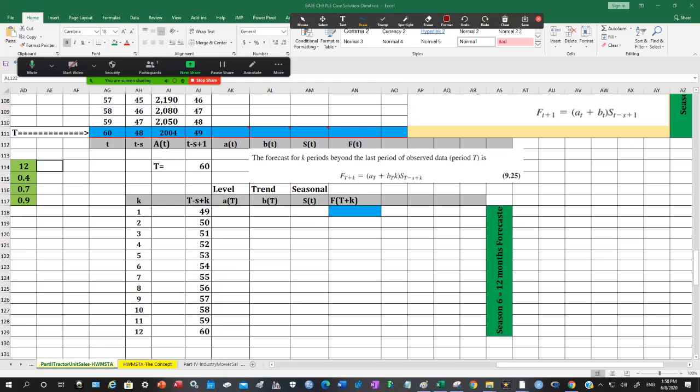Anyway, you see the uppercase letter T, that is 60. It is the last, the maximum value of lowercase t. So uppercase T is the max value of lowercase t, and that is 60, right? We know that t, the period, goes from 1 all the way to 60.